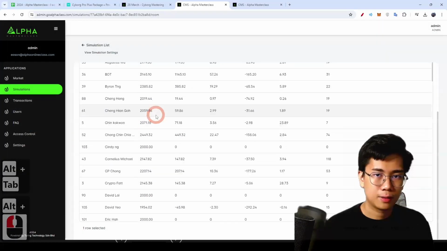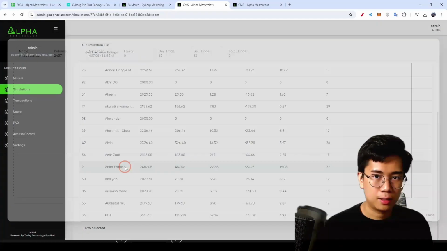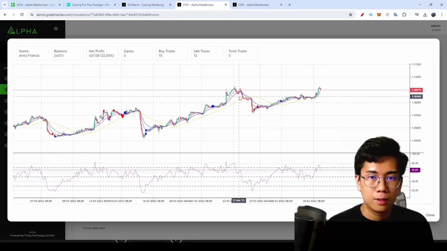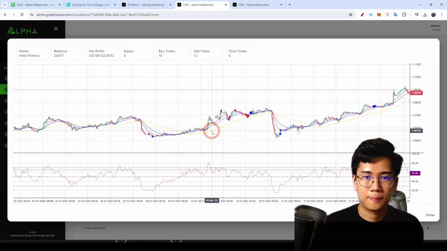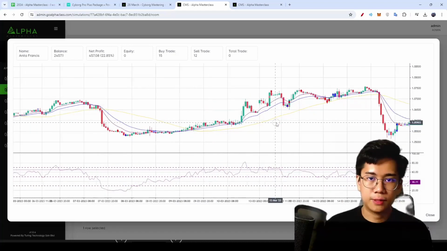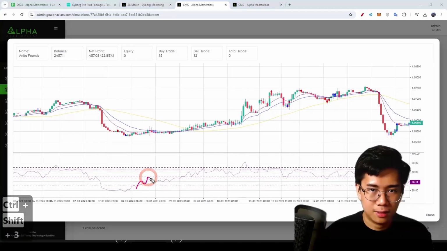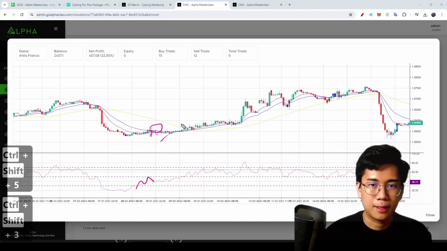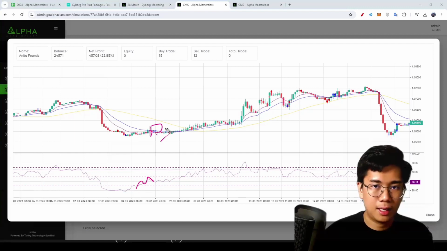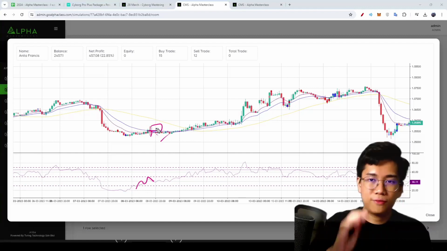Anita. Okay, so this is how Anita does the trades. Very special one, like what I said, very weird patterns. She made a buy, and by doing this, it is actually trying to catch the trend following as well.